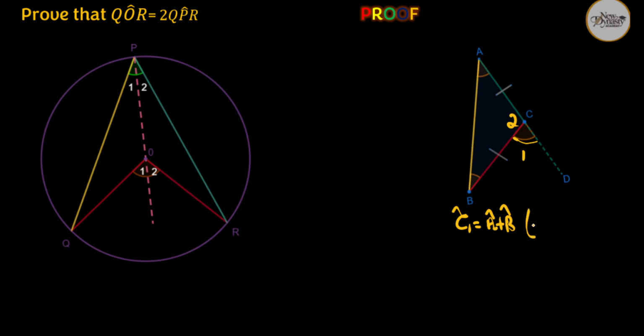Because C1 is the exterior angle and is equal to the sum of the two opposite interior angles. So the reason is the exterior angle of a triangle. I just wanted to remind you of that.